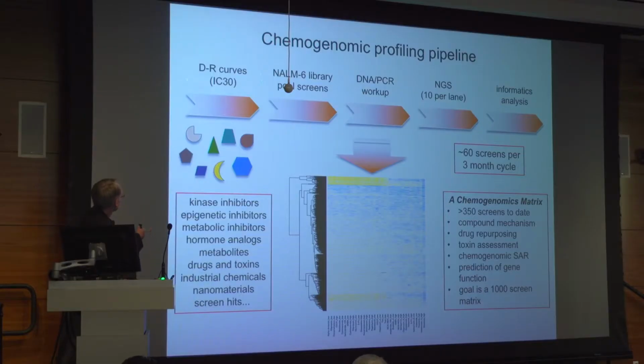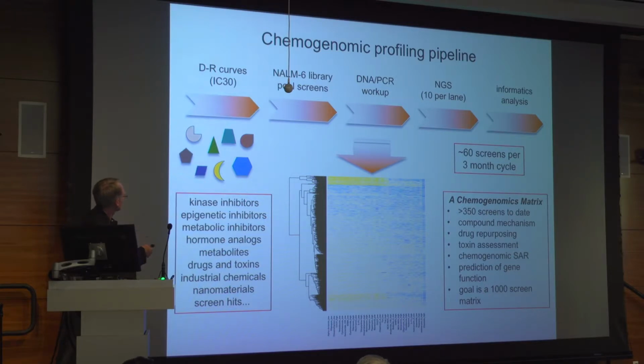Okay, so here's our genomic profiling pipeline. We do very careful dose response curves. We like to screen our compounds at an IC30, and the reason for that is we can detect both resistance to the compound and sensitization to the compound. So in one experiment, we get both. We get the genetic interactions in both directions.